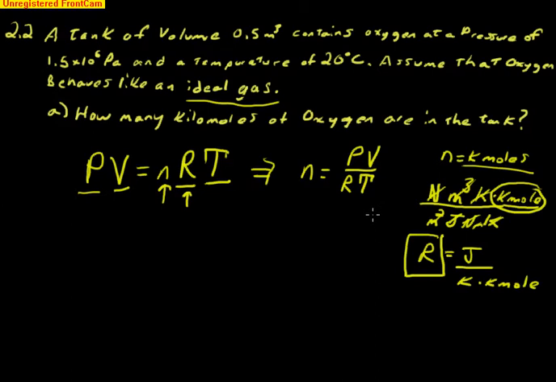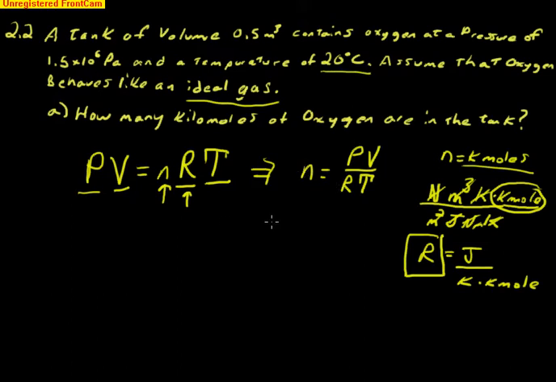Okay, so what do we have? Do we have all of these in the correct units in order for us to get this? Well, our pressure is in pascals, and a pascal was a Newton per meter squared, so we have that. Our volume is in meters cubed, we got that. The only thing I see here is that our temperature was given to us in Celsius.